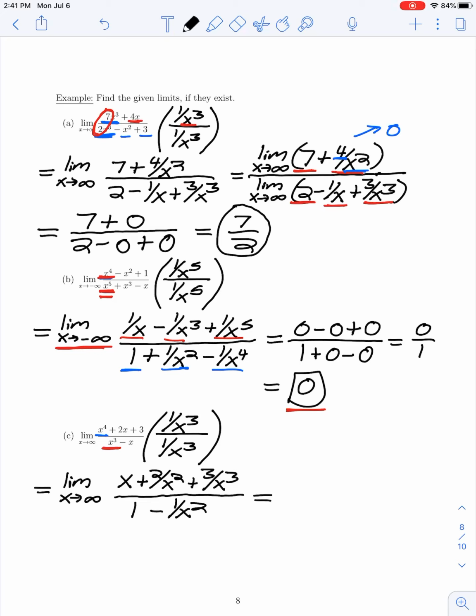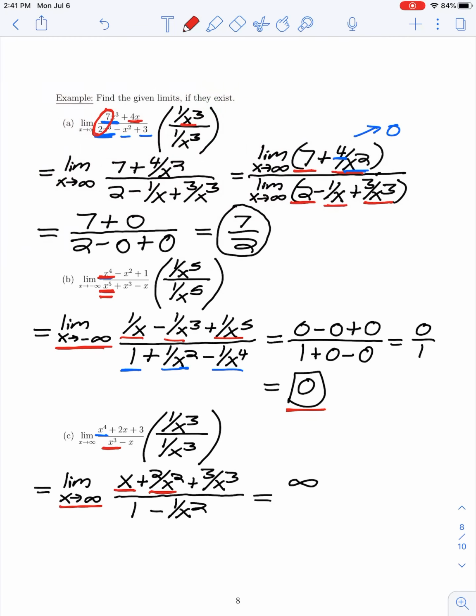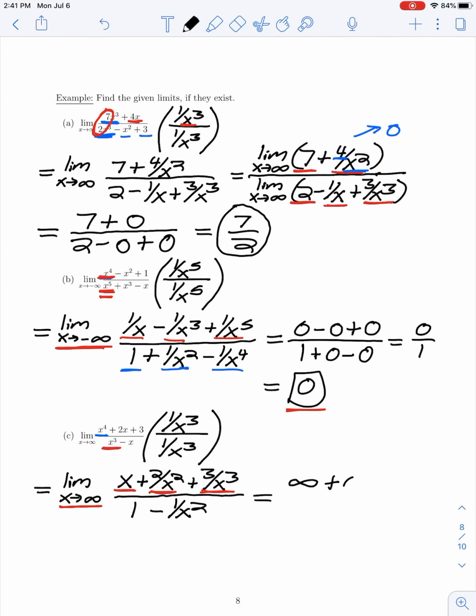Now, taking the limit of the numerator and denominator separately, for our numerator, this first term, x, as x approaches infinity, is becoming infinitely large. And the second two terms, 2 over x squared and 3 over x cubed, are both approaching 0 as x gets large.